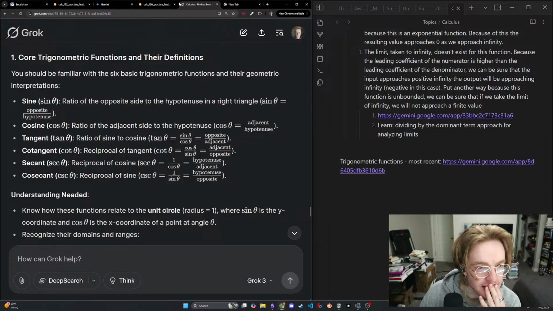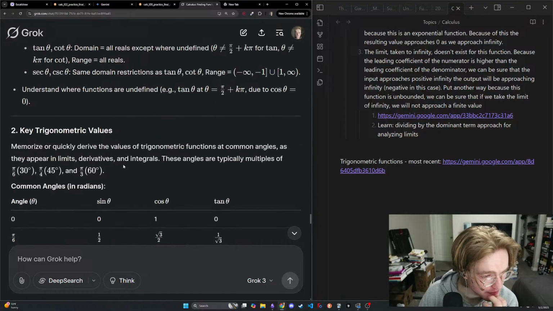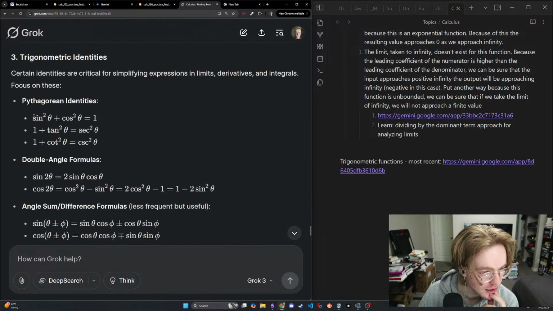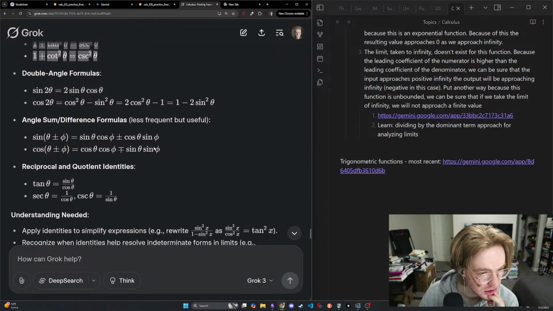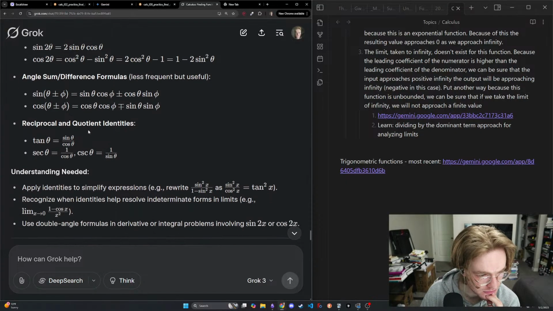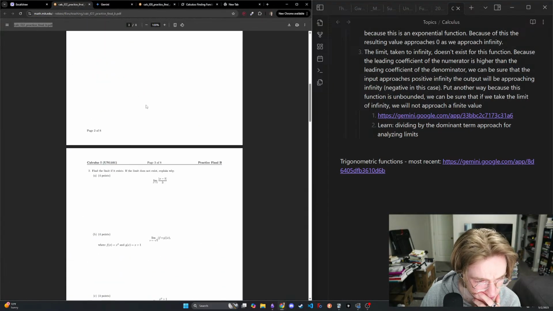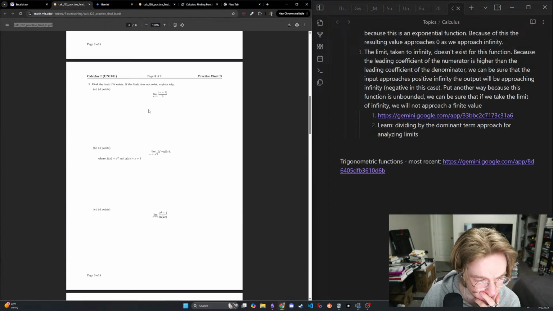What should I have? I think understanding these would be good. I think understanding the Pythagorean identities would be good. Let's see what things are on here.